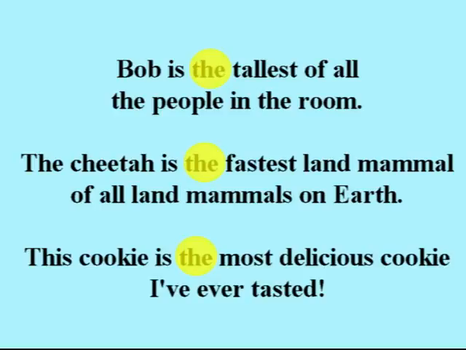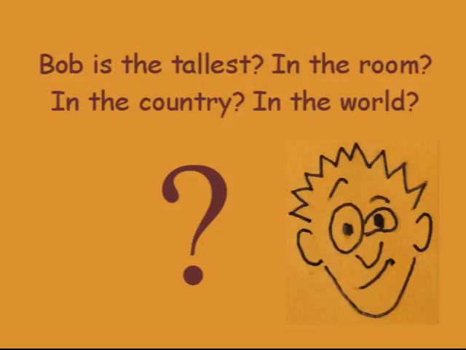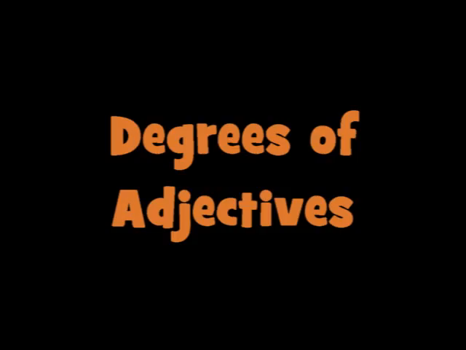We can also say, Bob is the tallest, the cheetah is the fastest land mammal on Earth, or this cookie is the most delicious cookie. Again, not as much info, but these are complete sentences. If you're ever worried that the comparison of your sentence isn't very clear, include more information. Tell us everything you know about who or what is being compared.